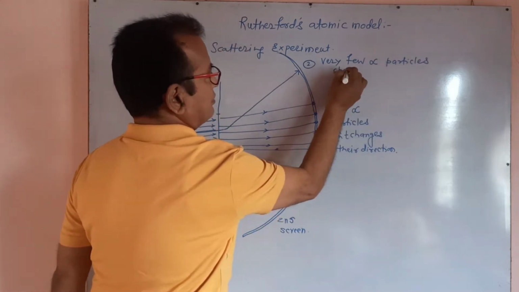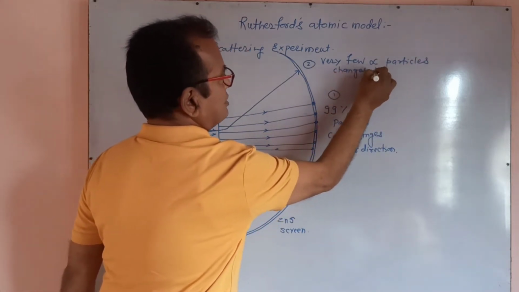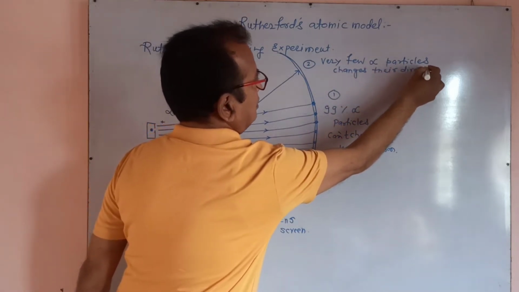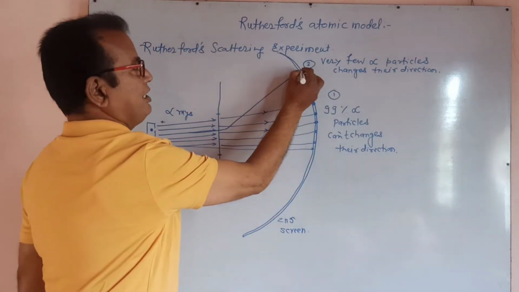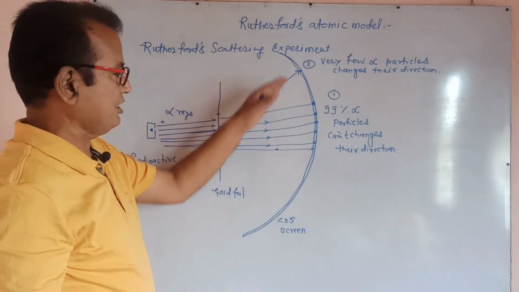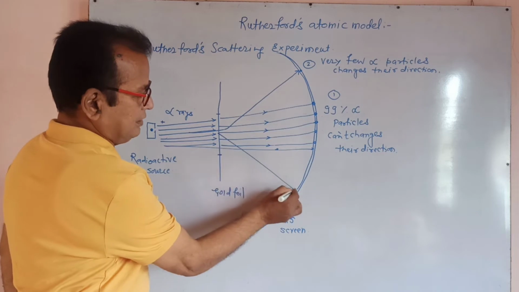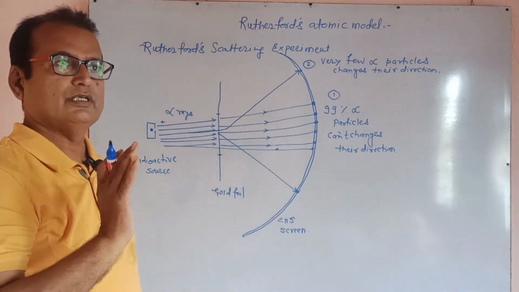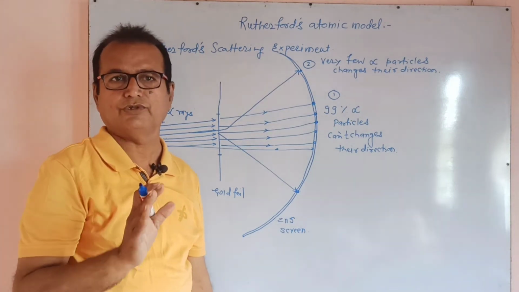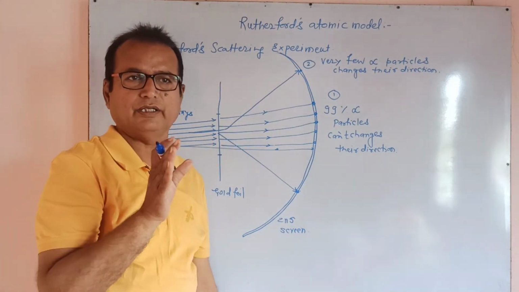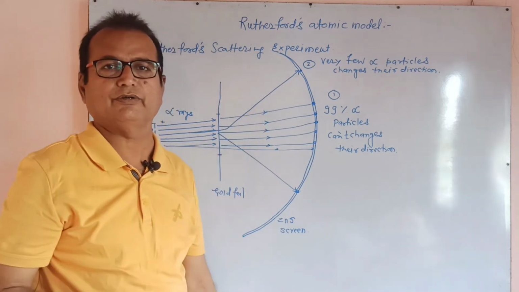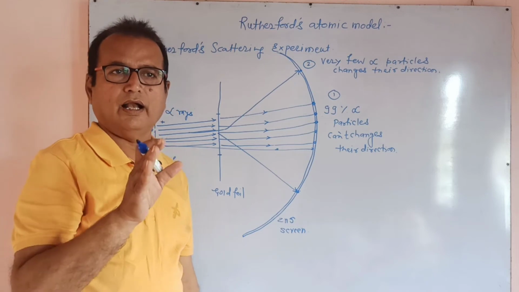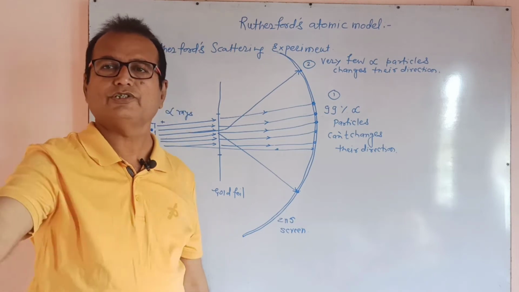This is observed from the bright spot appearing towards the upside or downward side. It means something is there, and when the particles come in contact with that very small area, very few alpha particles change their direction.